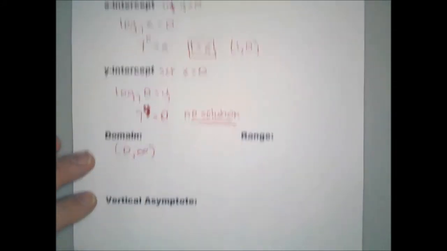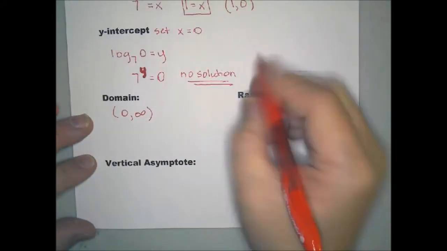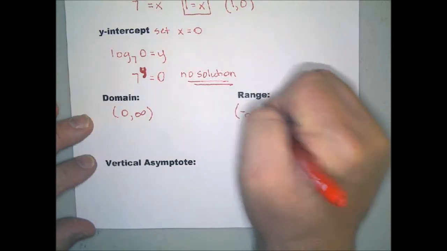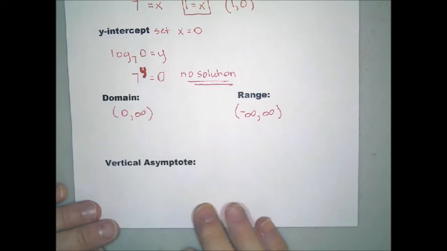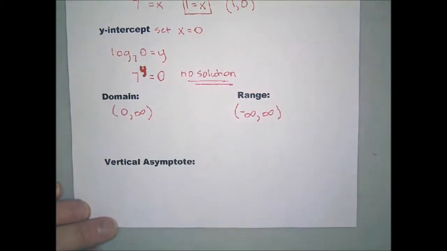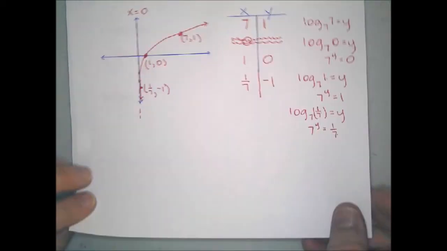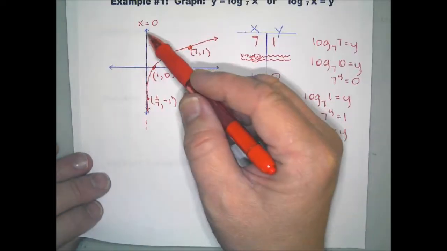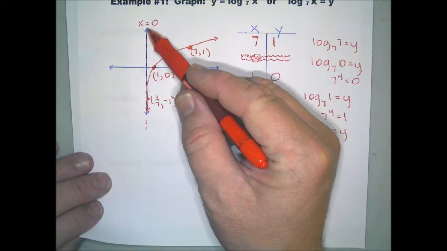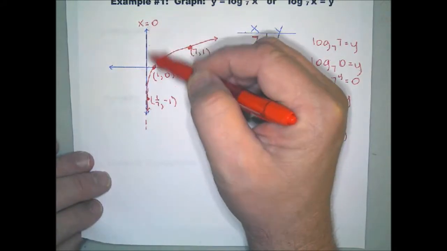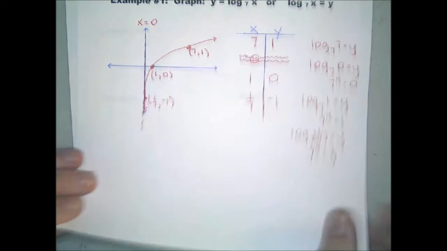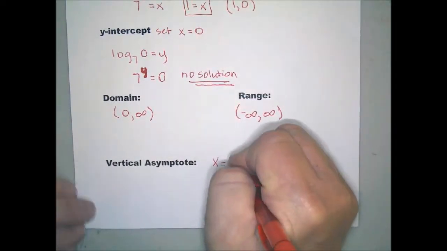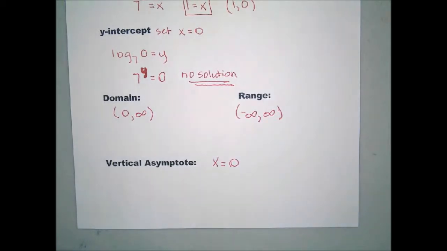So the range of this graph would be from negative infinity to positive infinity. Now, the vertical asymptote. Again, we've already determined the vertical asymptote a long time ago when we made our graph. The vertical asymptote is the y-axis, so that's x equals 0. That's the vertical asymptote.